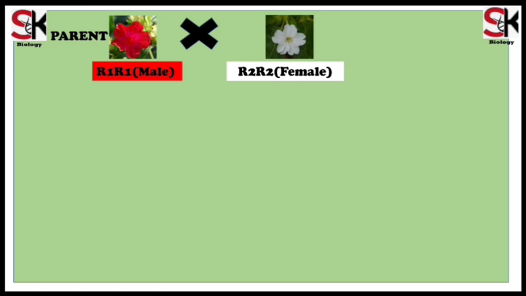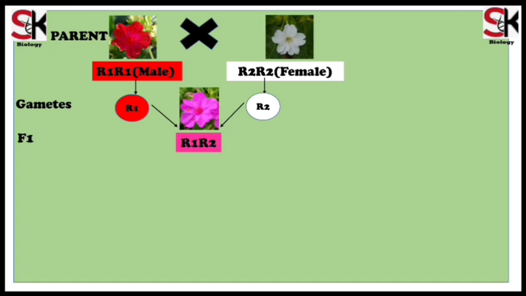Hybridization of these plants will produce gametes R1 and R2 respectively. These gametes will fertilize to produce F1 plants with pink phenotype, in which both alleles are present, forming heterozygous condition. Expression of R1 and R2 alleles is equal. There is no suppression of any allele as in Mendelian inheritance.